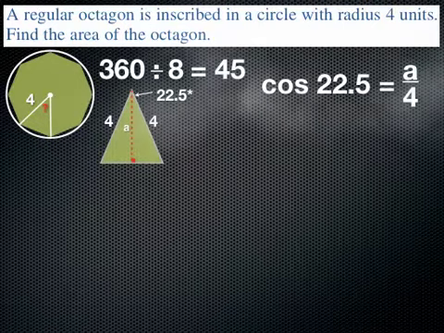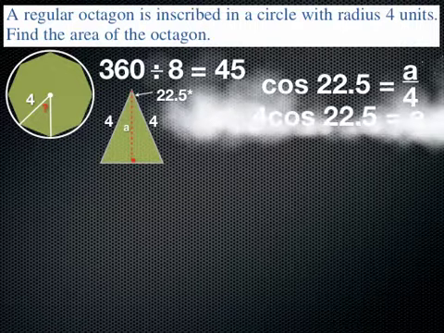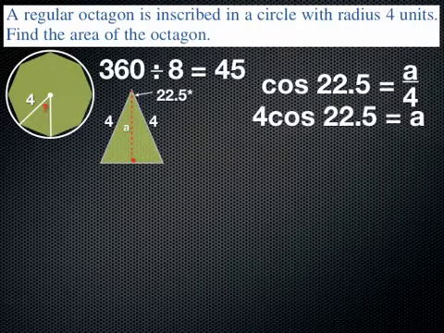So I can say that cosine of 22.5 degrees equals A, the apothem, over 4, the hypotenuse. To solve for A, multiply by 4 on both sides, and you know that your apothem is 4 cosine of 22.5. For right now, I'm going to leave it as 4 cosine of 22.5.